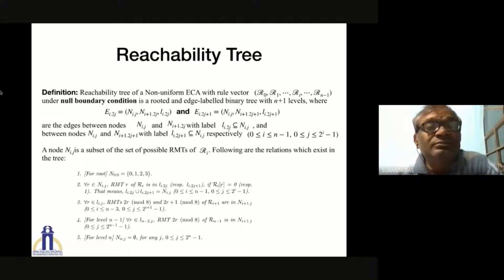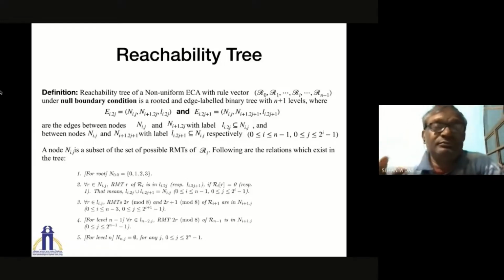And then the nodes Nij, as I've said, are a subset of the set of possible RMTs, or valid RMTs, for rule Ri. And the levels Lij are actually nothing but a subset of Nij.